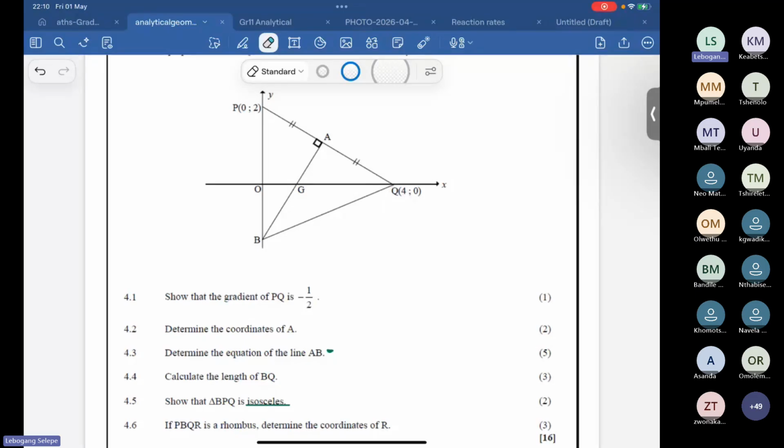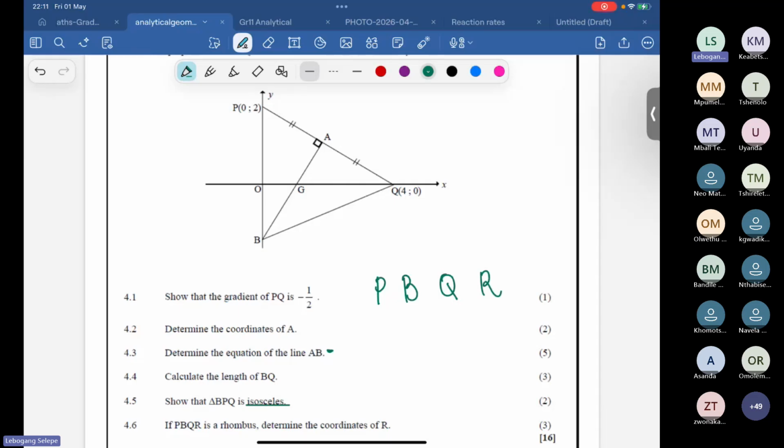The last one is saying if PBQR is a rhombus, and this is a very important statement that I'm going to make. If an examiner says P, B, Q, R, and you don't have an R on the diagram, it means that you need to construct the R on the diagram, in the order as it appears in the letters.